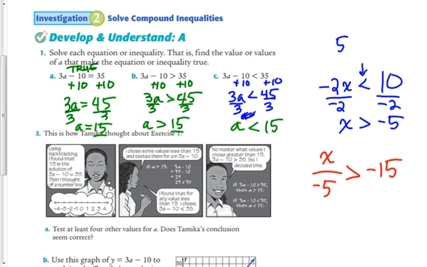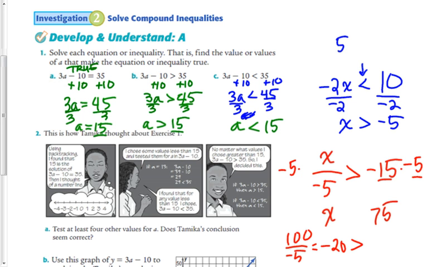Now, if I multiply both sides by negative 5, I get negative 15 times negative 5, which is 75. And I'm wondering, is it numbers greater than 75 that work, or numbers smaller than 75? Let's think of a number like 100. If I take 100 divided by negative 5, that's negative 20.